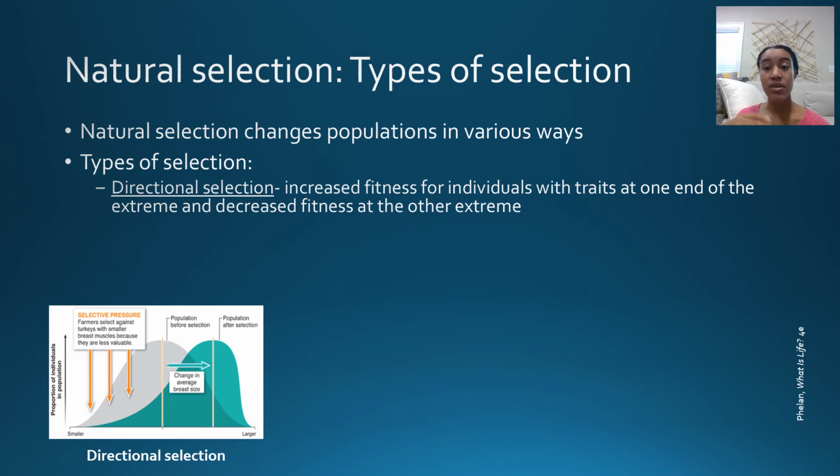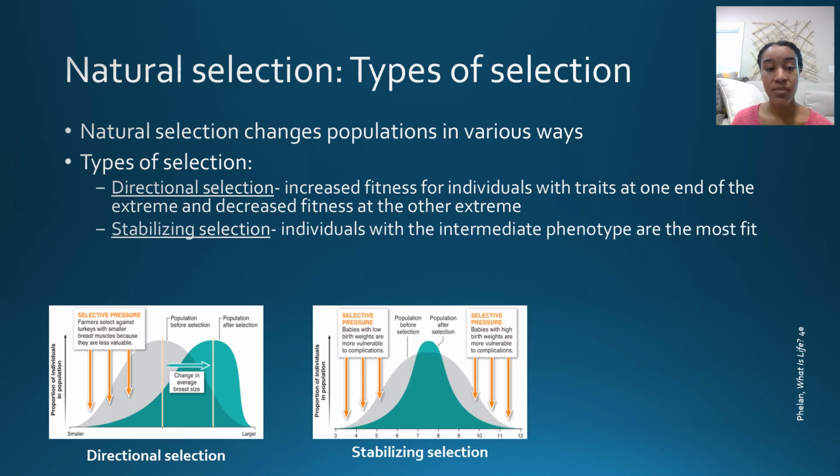If you're a slower rabbit, you're not producing as many offspring. If you're a faster rabbit, you're producing more and more offspring, so the population begins to represent faster and faster rabbits. Also, in directional selection, you will see a decrease in the unselected traits, and on the other extreme, it can even be to the extent that that trait completely disappears from the population.